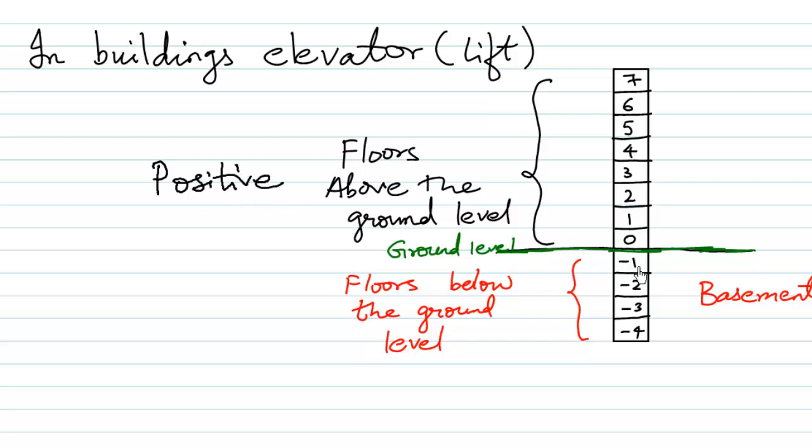And if it has a basement, that is the floors below the ground, then all the floors below the ground, 1, 2, 3, 4, are considered to be negative. So even in the elevator, you'll have buttons with 0, which is the ground floor, then 1, 2, 3, which will take the lift above the ground, and -1, -2, -3, -4 will take the lift below the ground.